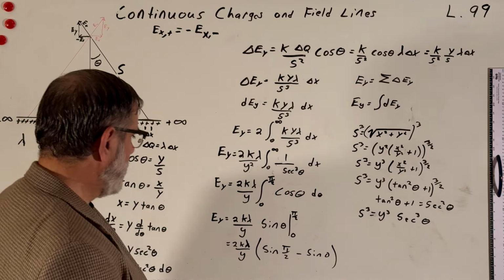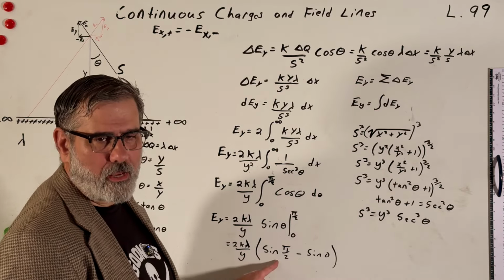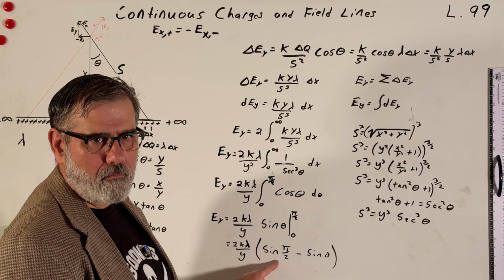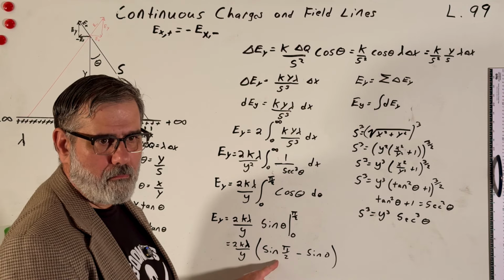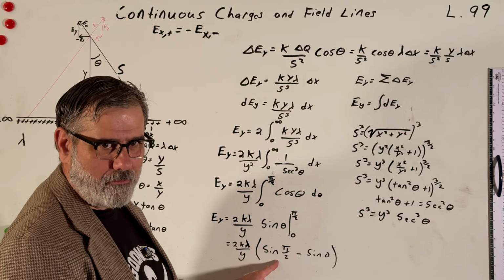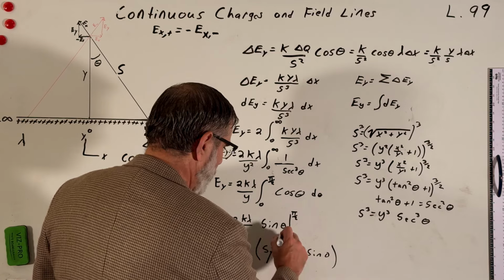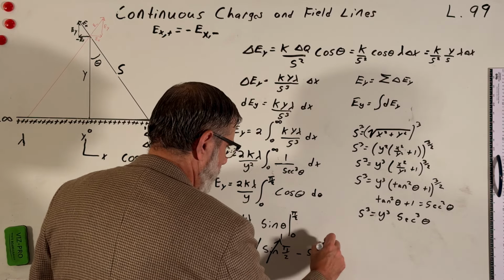What is the sine of pi over 2, the sine of 90 degrees? Anyone remember? It's 1. So the sine of pi over 2 is 1, and the sine of 0 is 0.